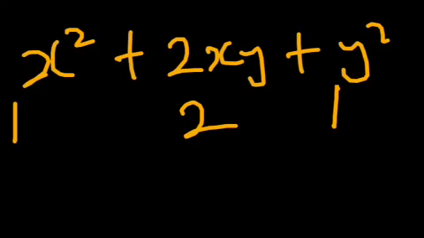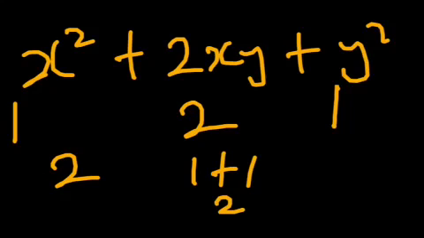The exponent here is 2. So we have the exponent of x as 1 and of y as 1, which is 2, and here 2. So notice the exponents always combine to give n.